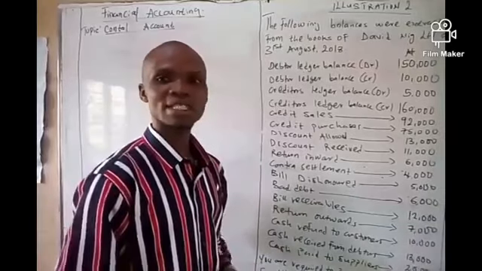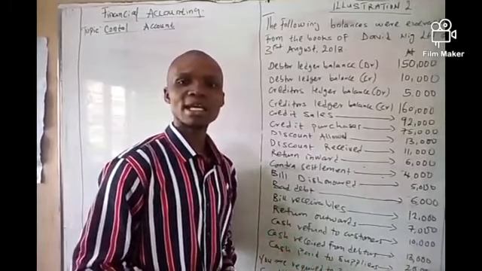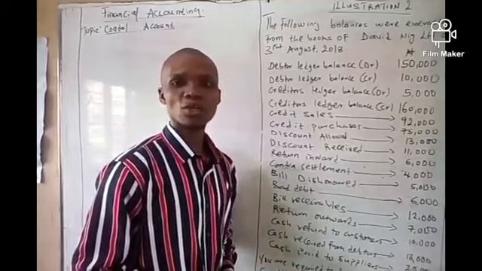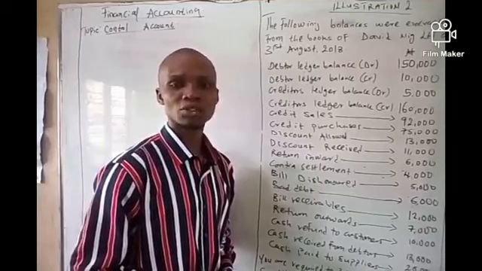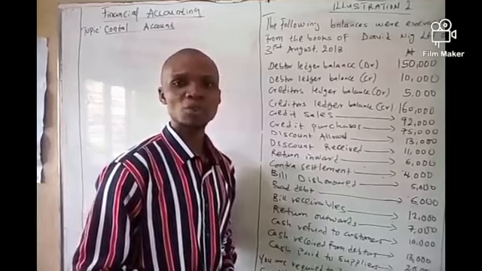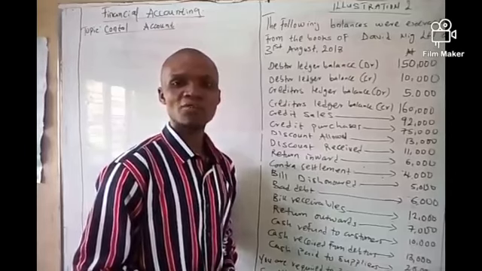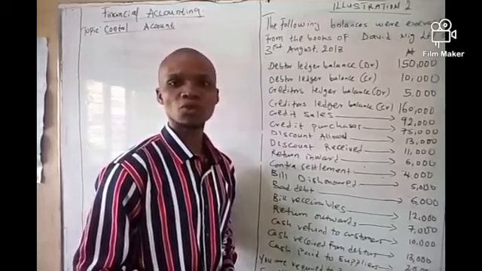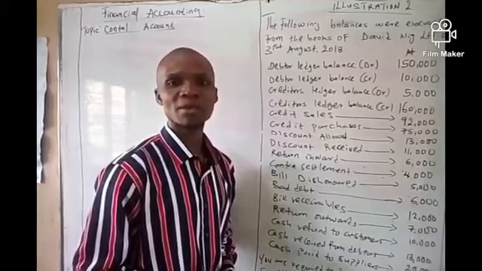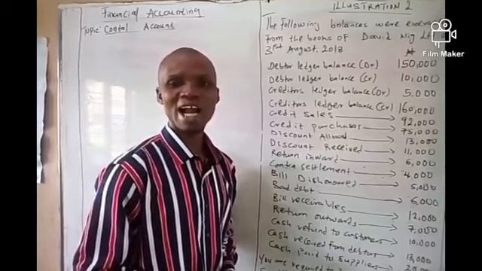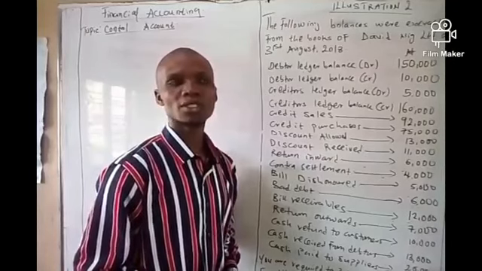And we said control account is a memorandum account into which transactions as recorded in ledgers are transferred in order to determine the arithmetic accuracy of such transactions.